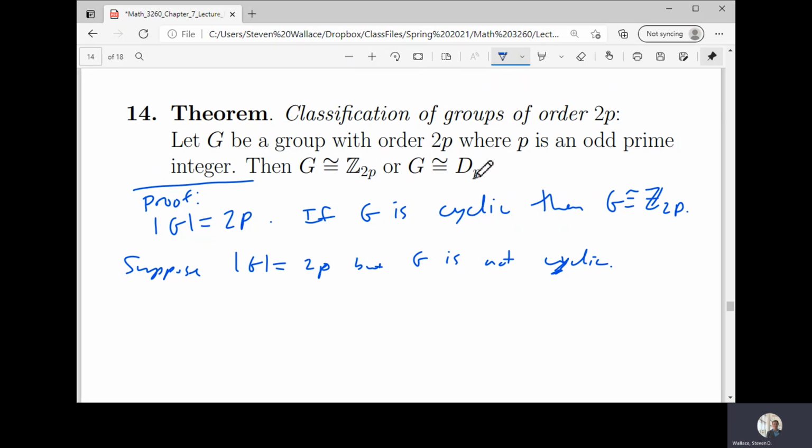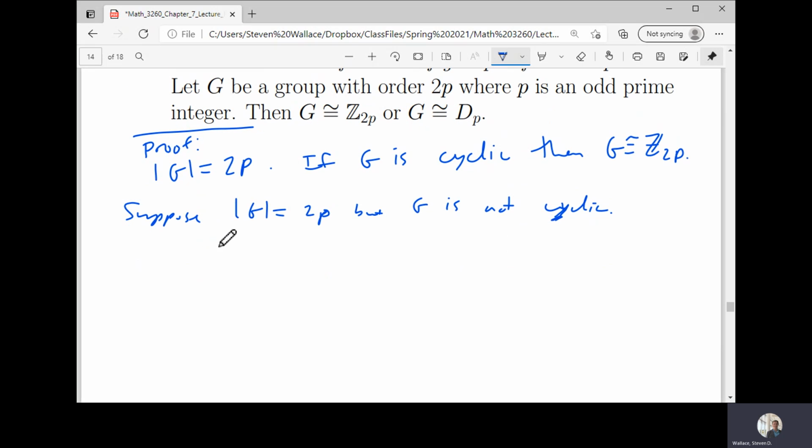D sub p, because p is a prime, is generated by any rotation that's not the identity and a single reflection. So we're just going to show that there is an element of order 2 and an element of order p, right?